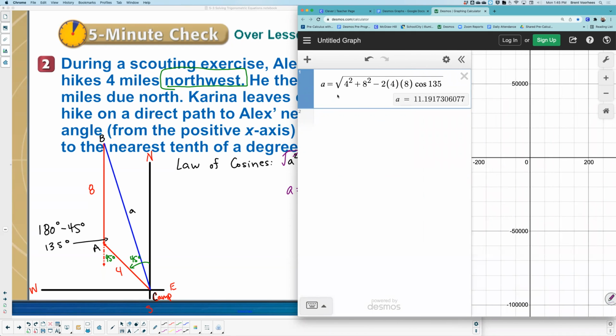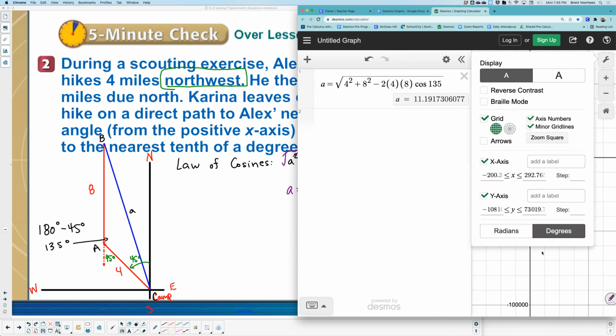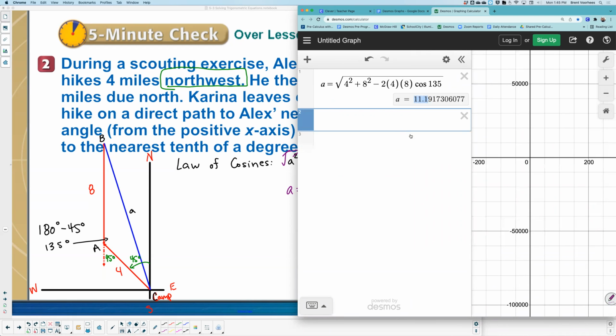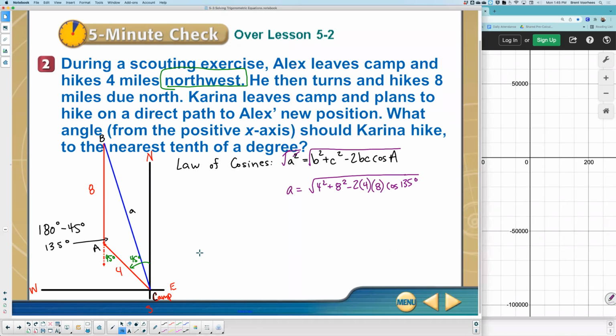What mode should we be in? Degrees. I'll check. Oh, I'm still in degrees from last class. So yeah, degrees. So the answer, I'm just going to say 11.19. We usually round to the nearest tenth. Let's say this is 11.2 now. So we just discovered this value is 11.2.